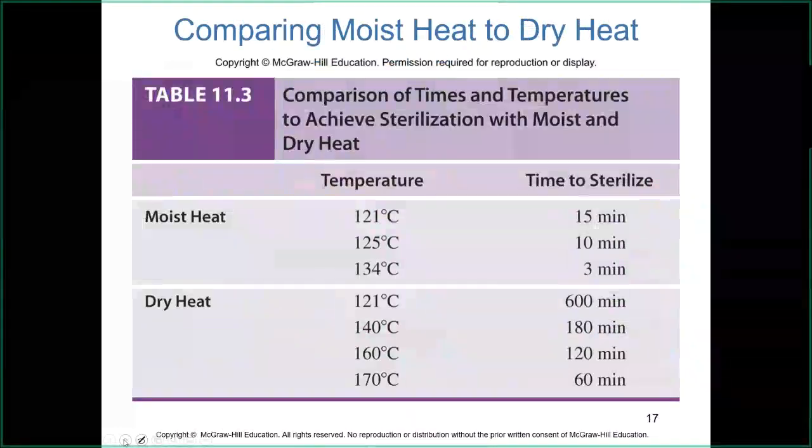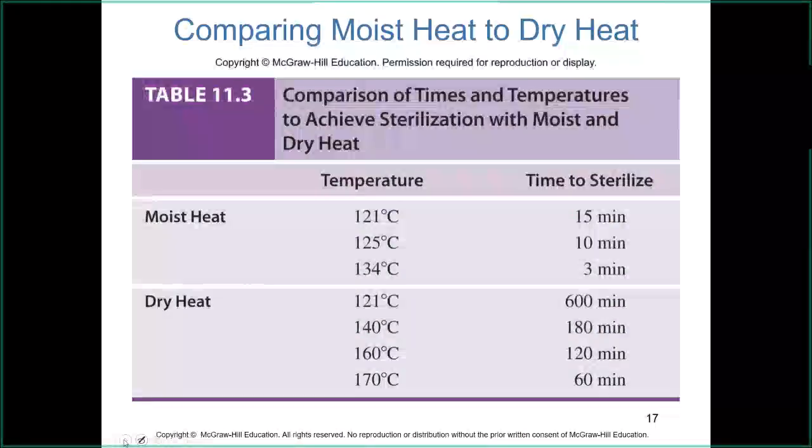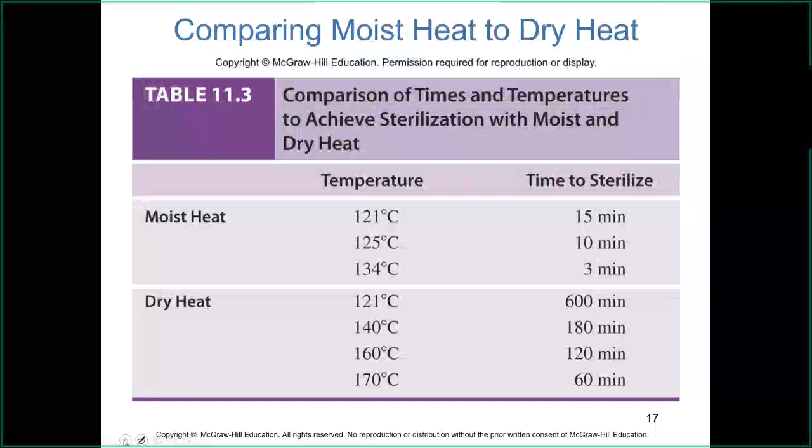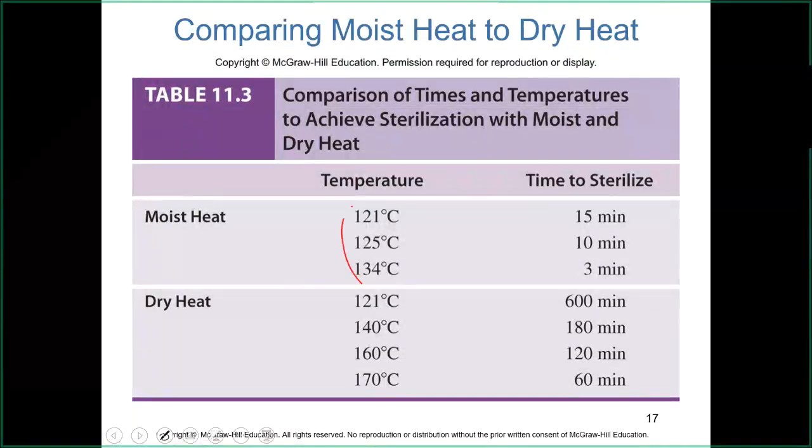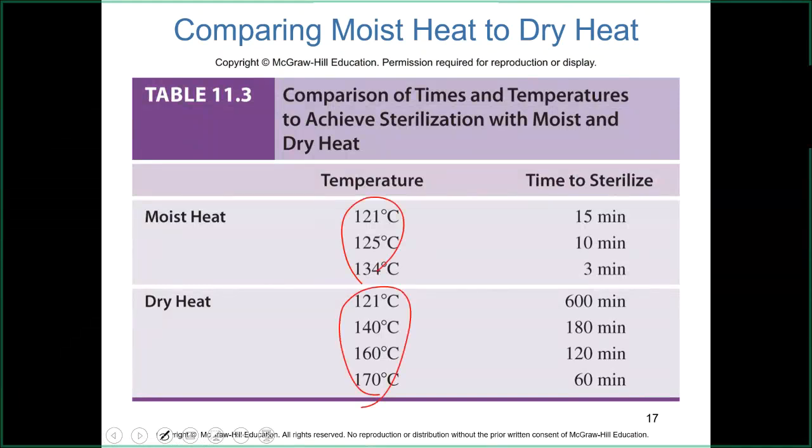All right, so this compares dry heat application versus moist heat, how long it takes for them to work. You can see the temperatures for moist heat are lower than those used in application of dry heat, especially when we apply great intensity. For point of comparison here, if you look at the temperature of 121 degrees centigrade using moist heat, you can see down here with dry heat, that same temperature in the absence of water vapor requires 600 minutes to be effective, to reach sterilization.